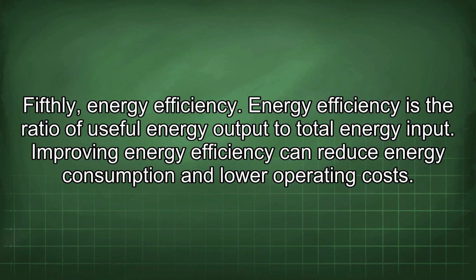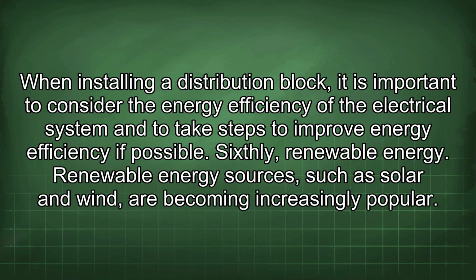Fifthly, energy efficiency. Energy efficiency is the ratio of useful energy output to total energy input. Improving energy efficiency can reduce energy consumption and lower operating costs. When installing a distribution block, it is important to consider the energy efficiency of the electrical system and to take steps to improve energy efficiency if possible.